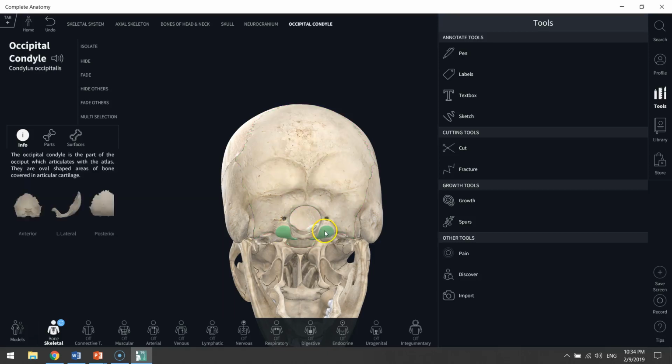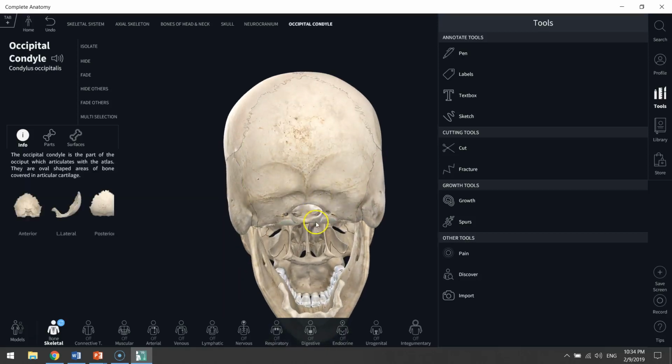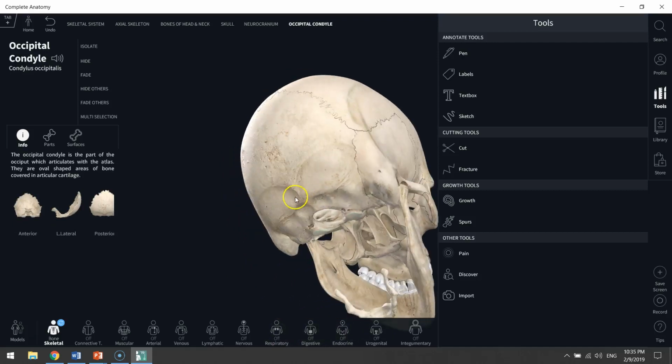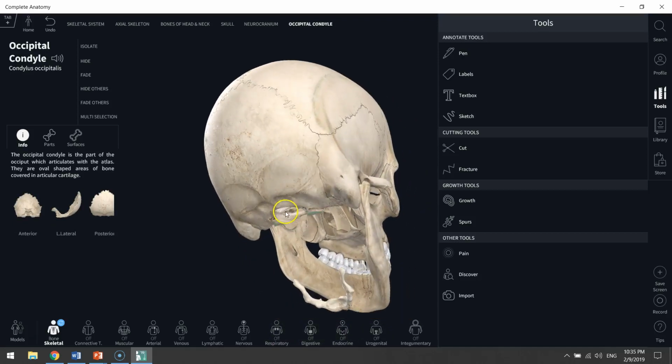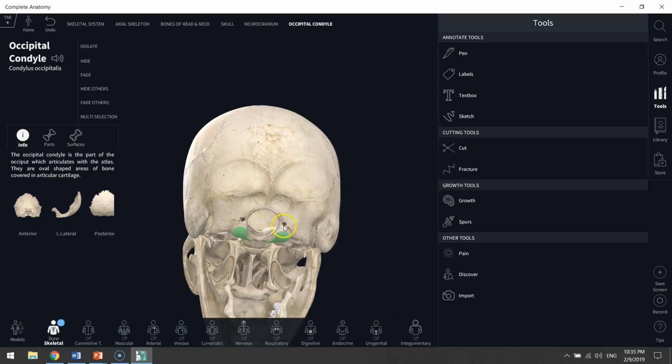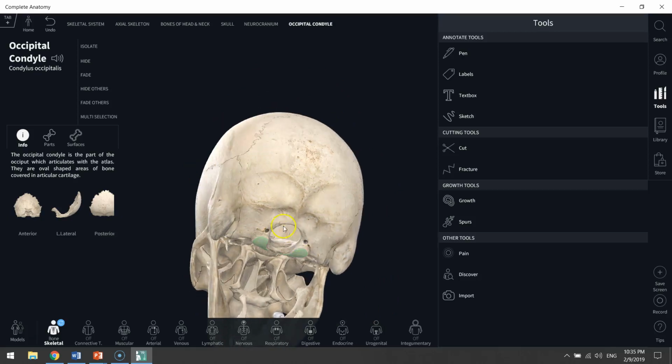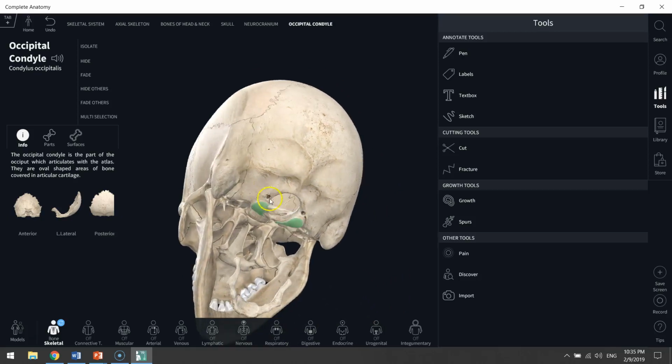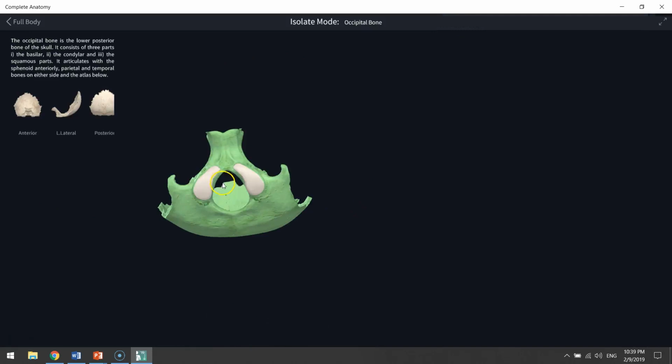Lateral to that are the occipital condyles, which articulate with cervical vertebra number 1, atlas. Lateral to that is seen the hypoglossal canal, which is the passageway for the hypoglossal nerves.